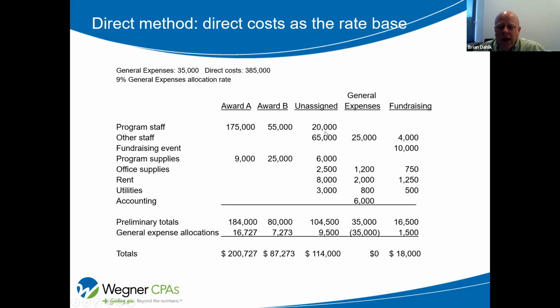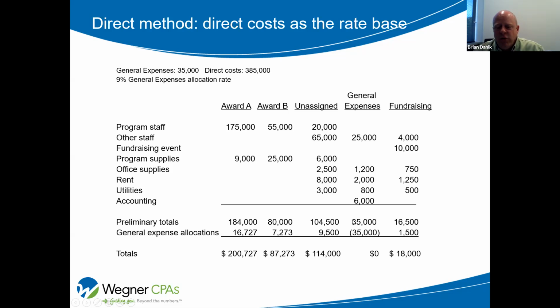And in this case, we decided to do that by the proportion of direct costs relative to all the costs. It turns out that general expenses are 35,000 and direct costs 385,000. And so we use a 9% rate, and that's how we allocate to the awards.